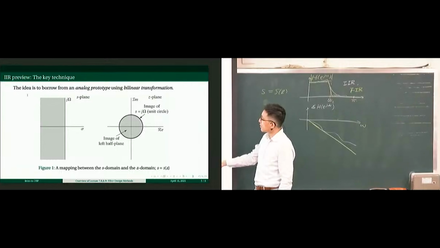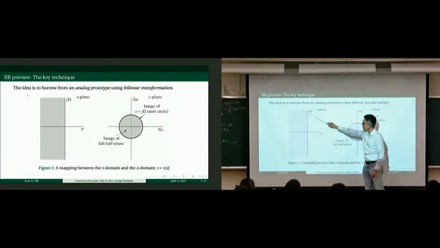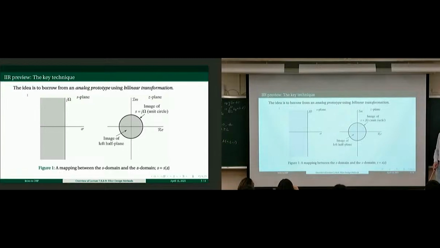On this slide, I'm showing that the way we define bilinear transformation leads to a nice property: the left half plane of the Laplace domain corresponds to the inside of the unit circle in the Z domain. We will learn that. It's a very beautiful property. In the opposite direction, the inside of the unit circle corresponds to the left half plane of the S domain.